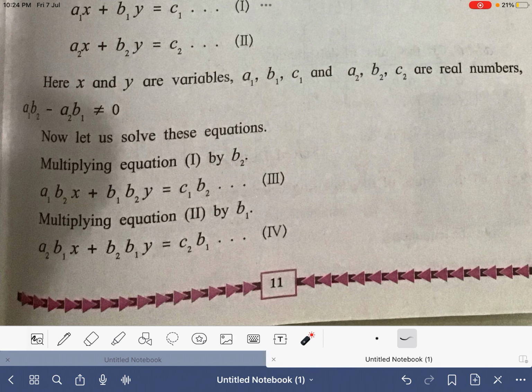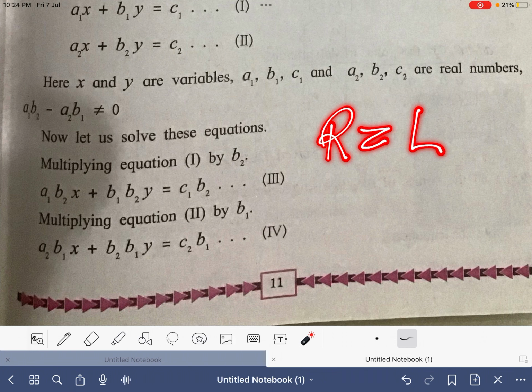Similarly, as in the previous case, we want b1 b2 in this equation also, but already we have b2 here. So multiply the second equation by b1. Clear? That's why we multiply this equation by b1. Just take an example: if you are multiplying the right side, then we have to multiply by the same number on the left side.